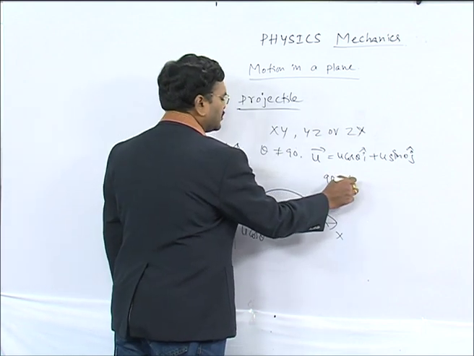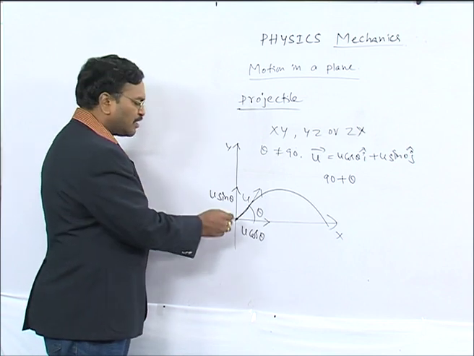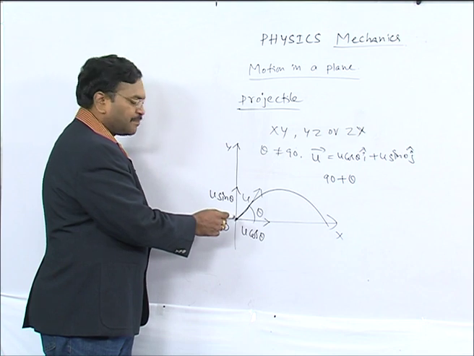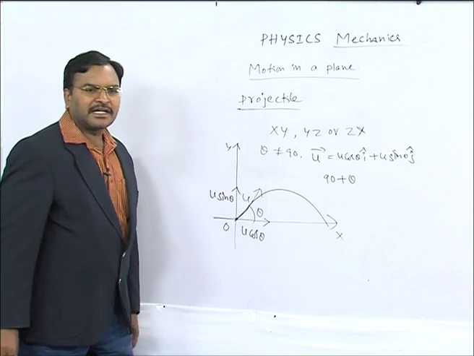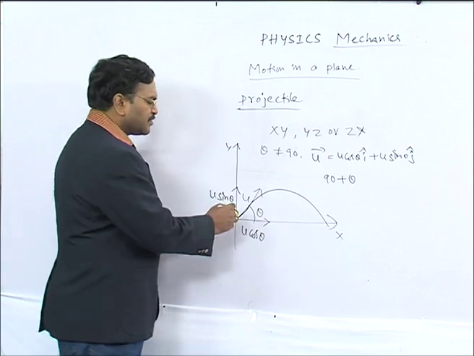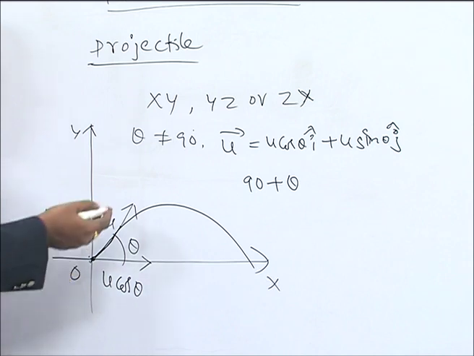Acceleration due to gravity is always acting downwards, towards the center of the earth. At the point of projection, the angle between acceleration and velocity is 90 plus theta.